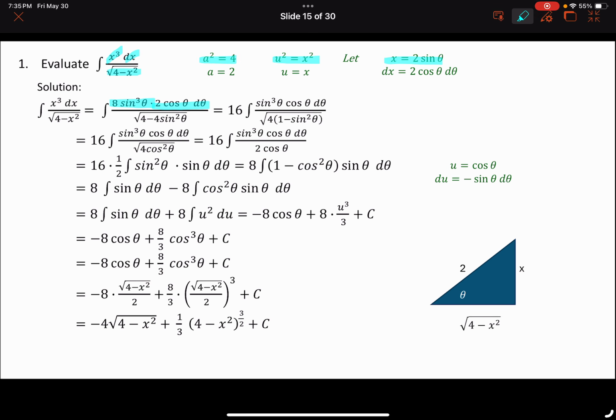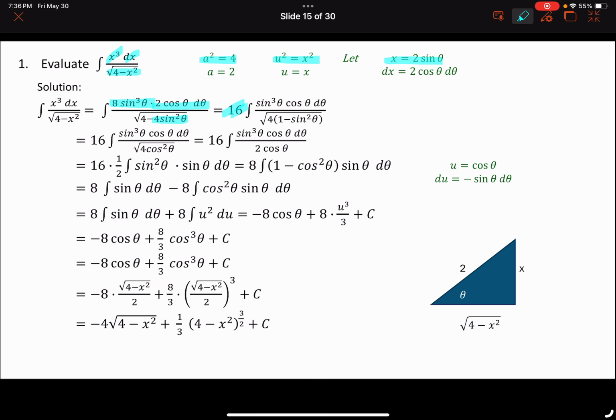and the denominator is the square root of 4 minus the quantity 2 sine theta squared. So that would be 4 sine squared theta. This would give us 8 times 2 equal to 16 sine cubed theta cosine theta d theta all over the square root of 4 times the quantity 1 minus sine squared theta.